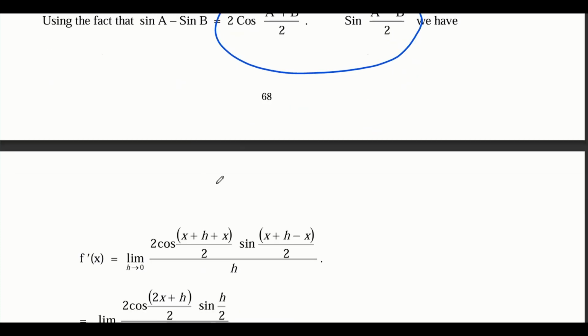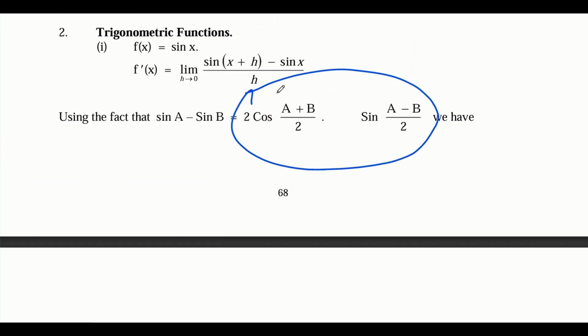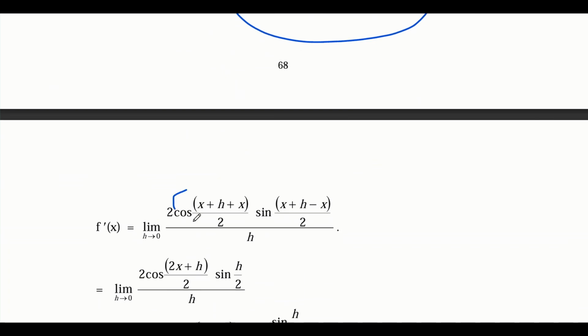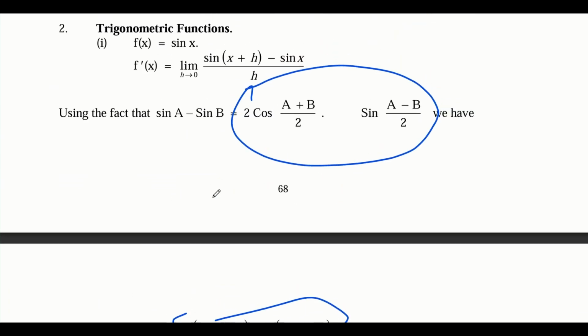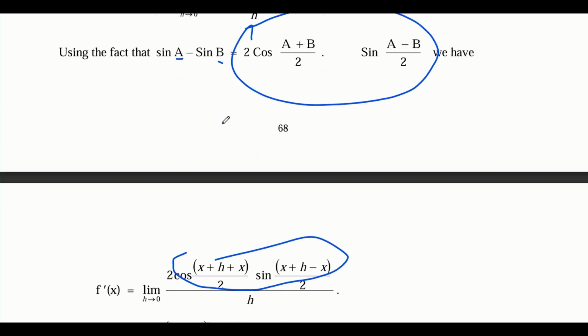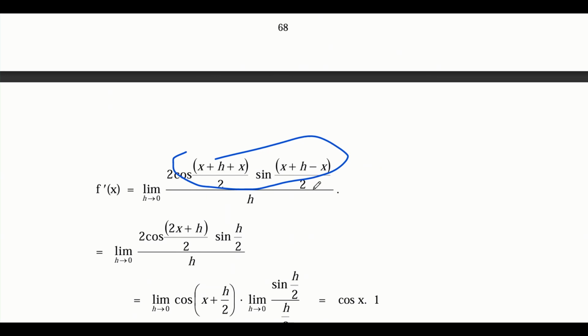So that's what has been applied here. From here, we can apply that formula on this one to get this. So here our A will be the x plus h, and our B will be the x. Yes, and that's what you apply.